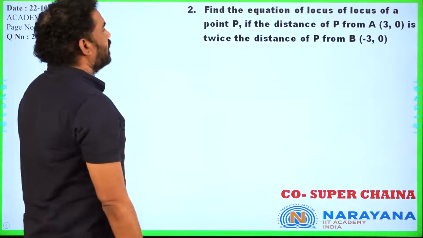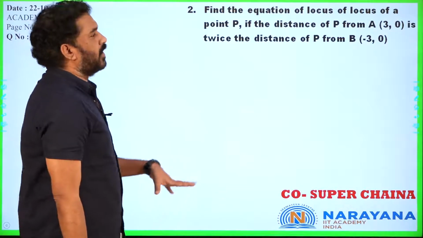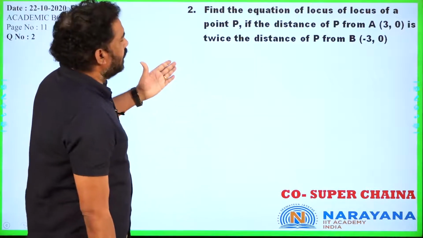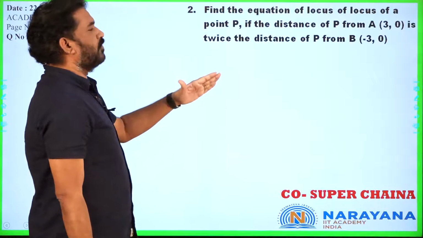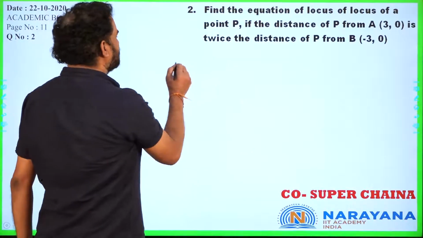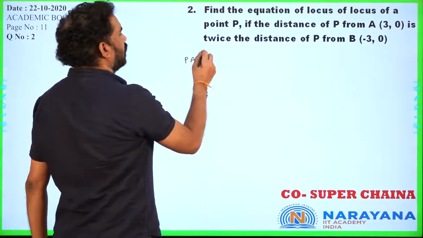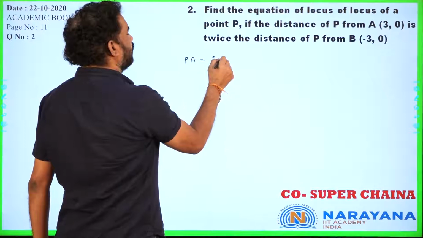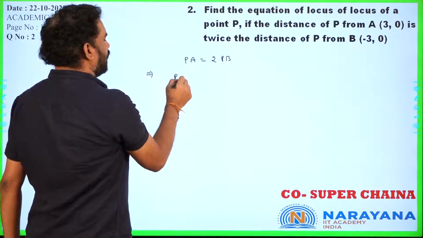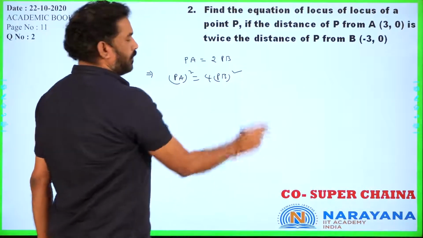Next, find the equation of the locus of the point P if the distance of the point P from A (3, 0) is twice the distance of P from B (-3, 0). So very simple. What is given indirectly is PA equals 2 times PB. Then PA square is equal to 4 times PB square.